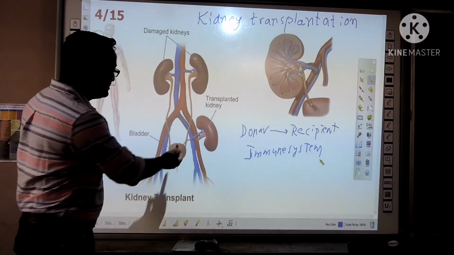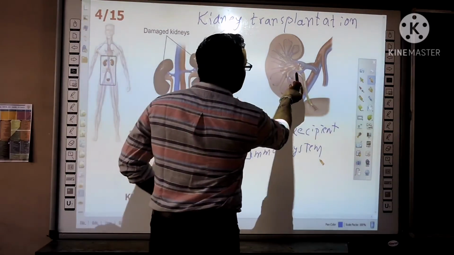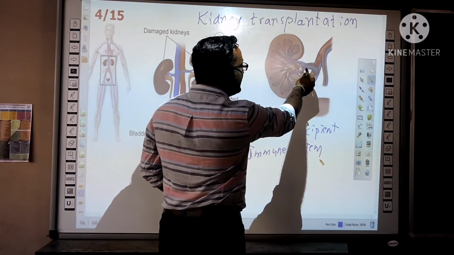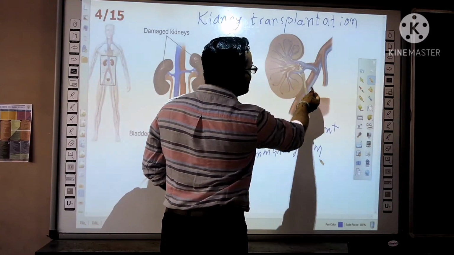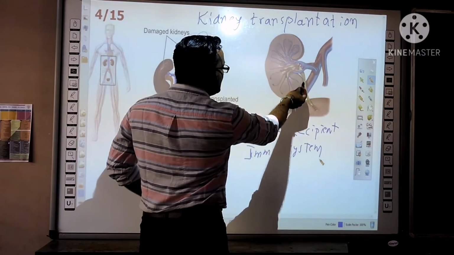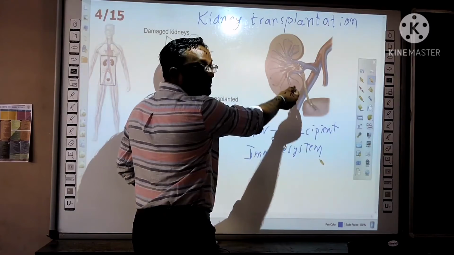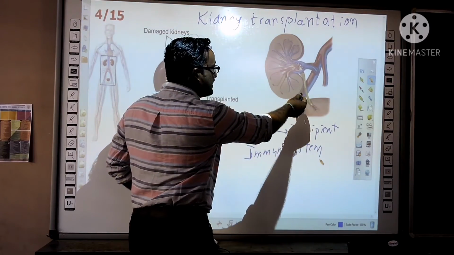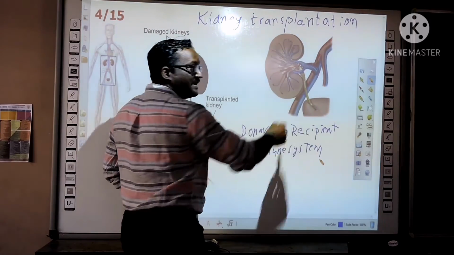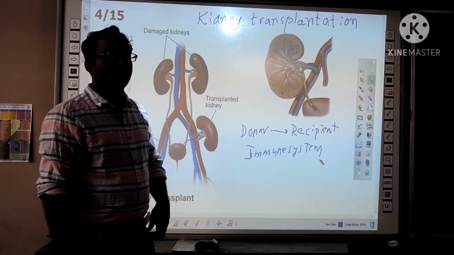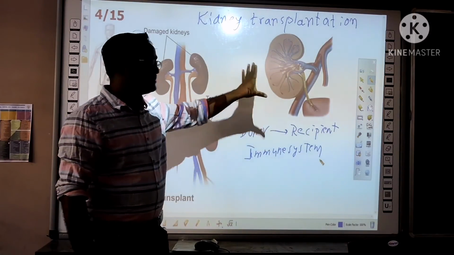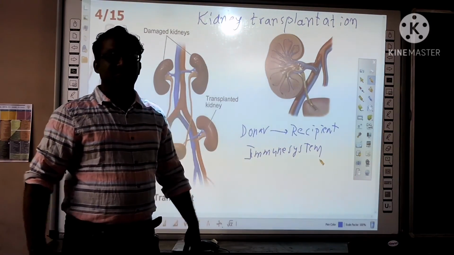You can see here, these are the blood vessels of the donor kidney, connected to the blood vessels of the recipient. And this is the ureter of the donated kidney, connected to the urinary bladder of the recipient. So they can fix this new kidney at any place, mostly below the abdomen.